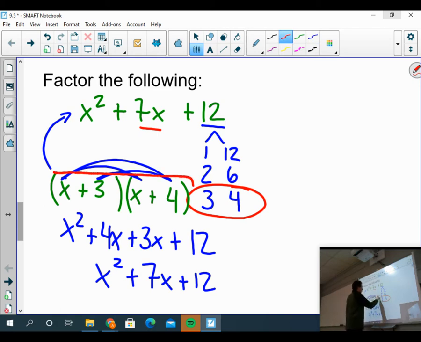So the process you're looking to do each time: number one, we're going to look for the factors that multiply to give us our C term, our constant.